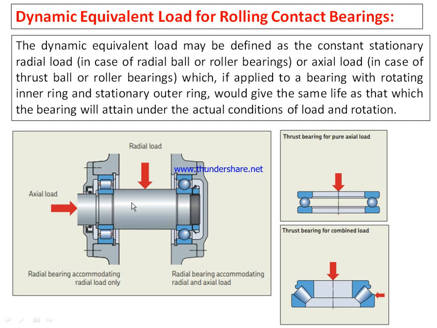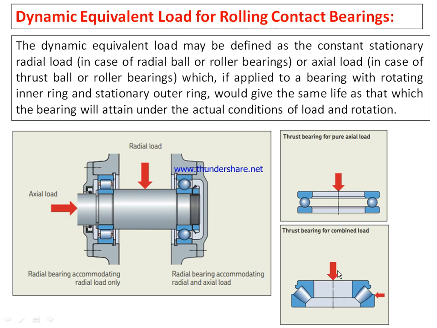Now here you can see there is radial load as well as axial load. The combination of the axial load and the radial load, under the actual load and rotation conditions, gives you the equivalent load for rolling contact bearings.